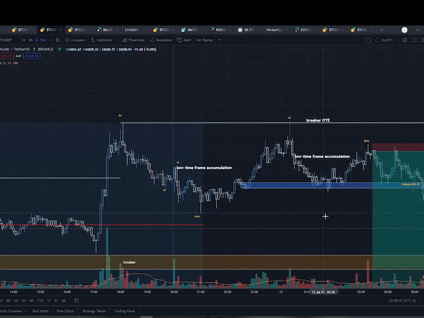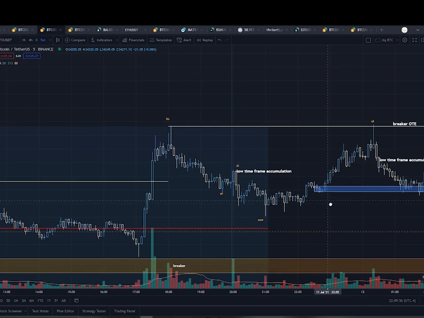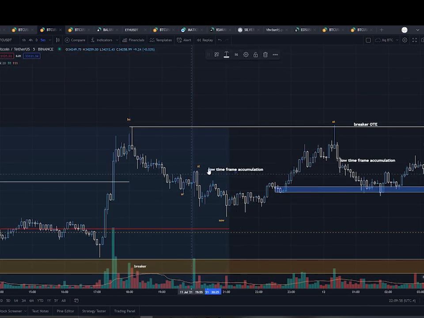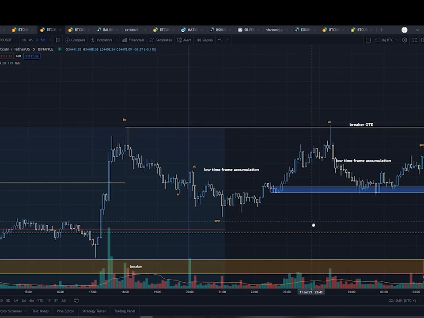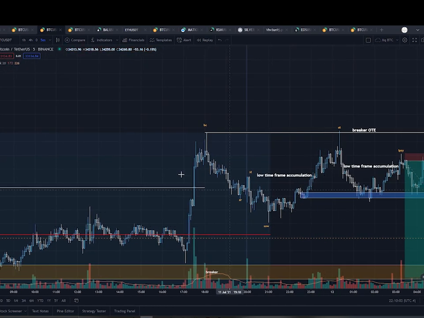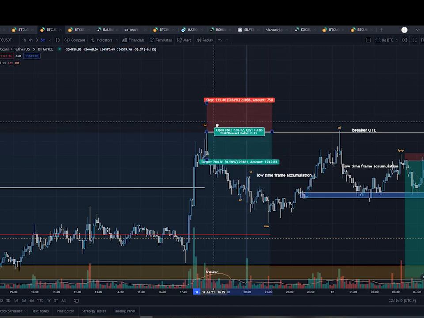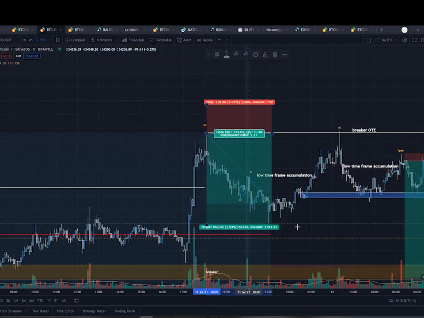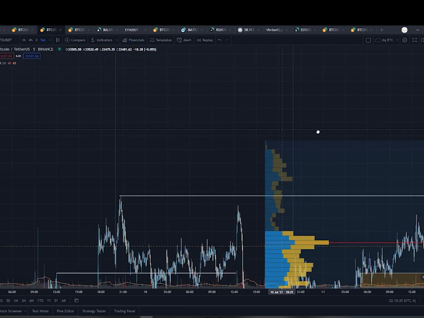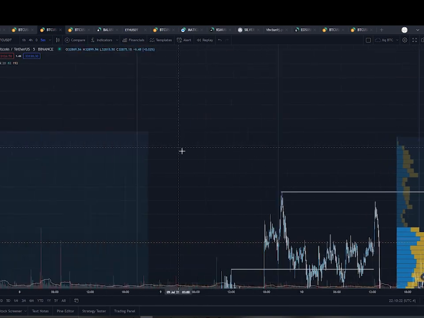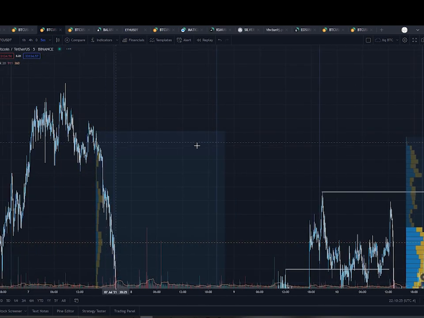So if we go on a lower time frame, or just zoom in here, you can tell why I label this as a low time frame accumulation. And I actually took a trade yesterday with a short like this. I put the stop here, and I think I entered here because there was a breaker block which was formed over here, and it was untested.